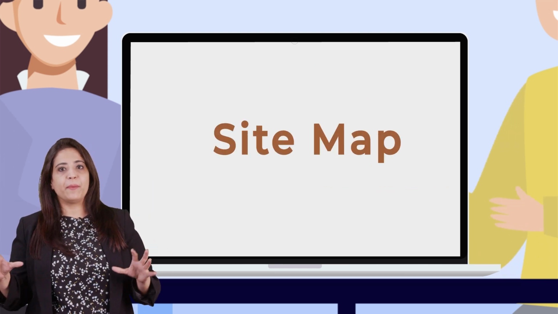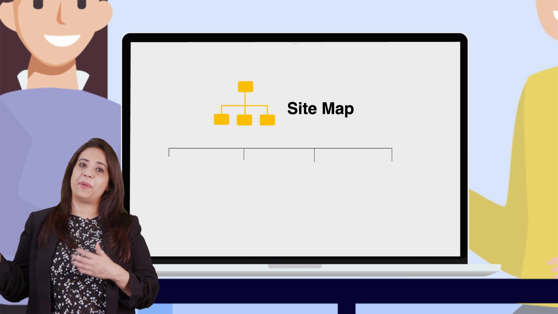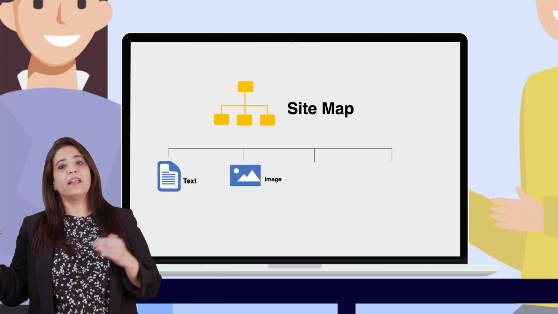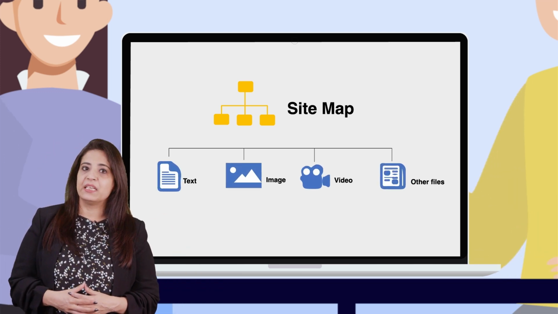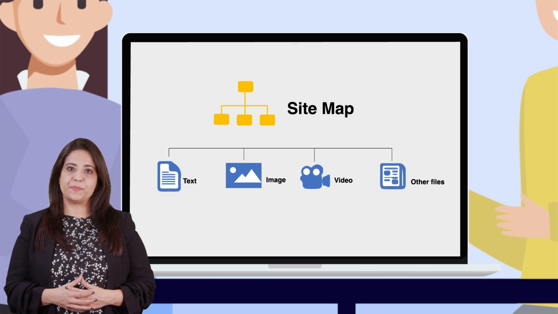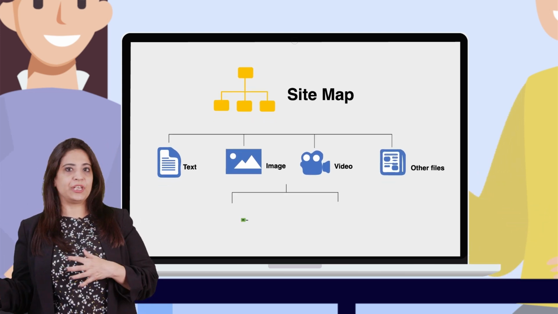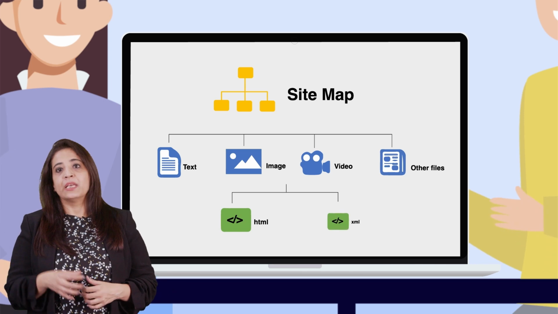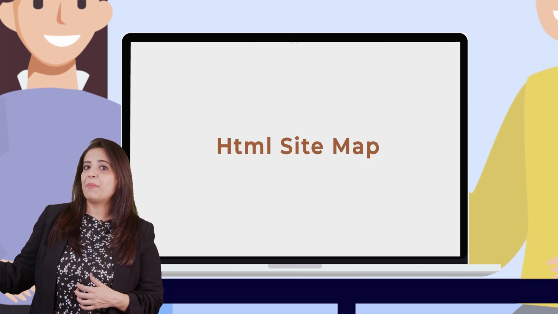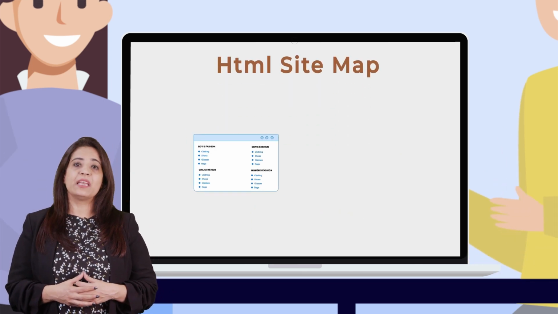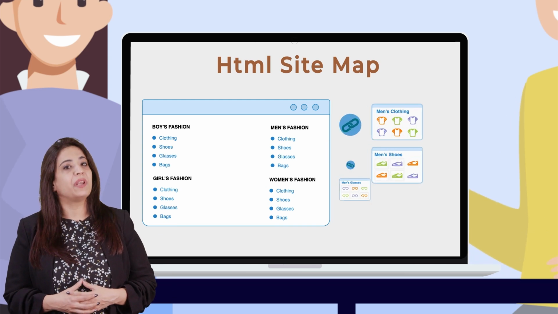A sitemap is a file that lists the pages, videos, and other files on your website along with their relationships. Two types of sitemaps are available: HTML and XML. The purpose of an HTML sitemap is to make it easier for visitors to navigate.